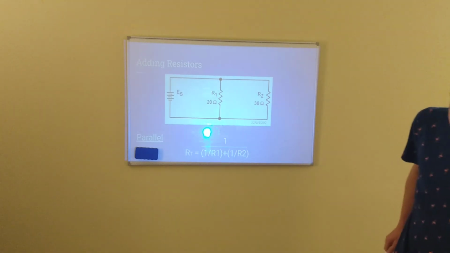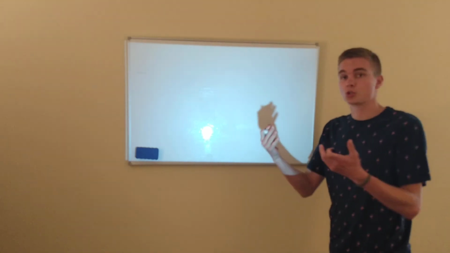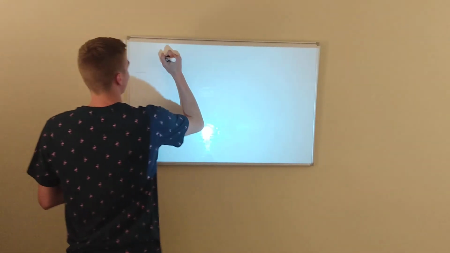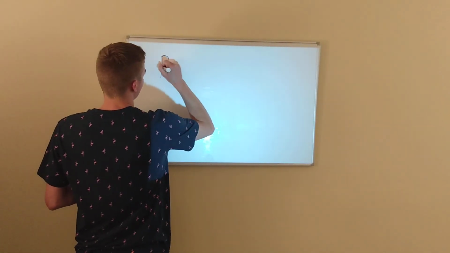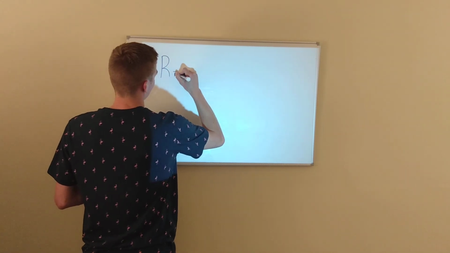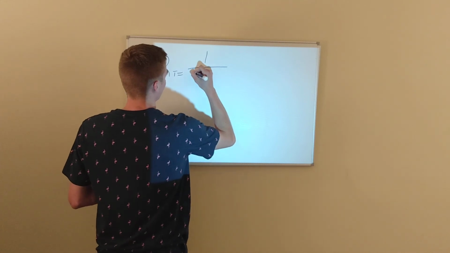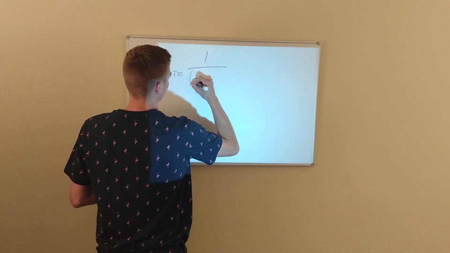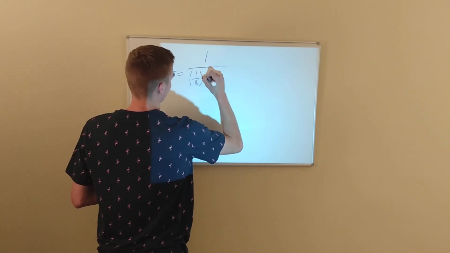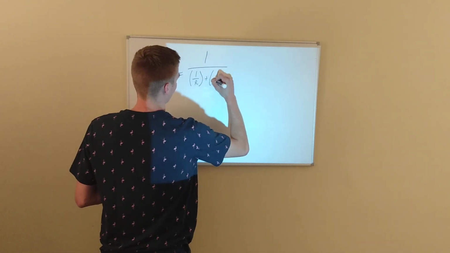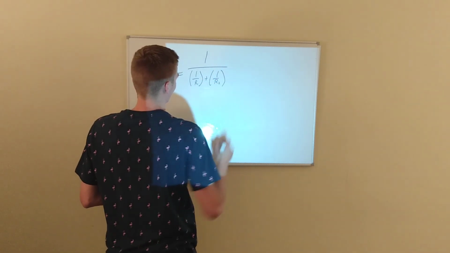I know that's kind of a confusing way to view the formula, so I'm just going to draw it out for you. Okay, RT is equal to 1 over R1 plus 1 over R2.